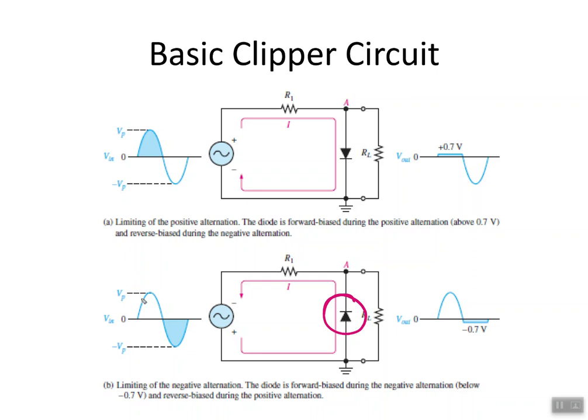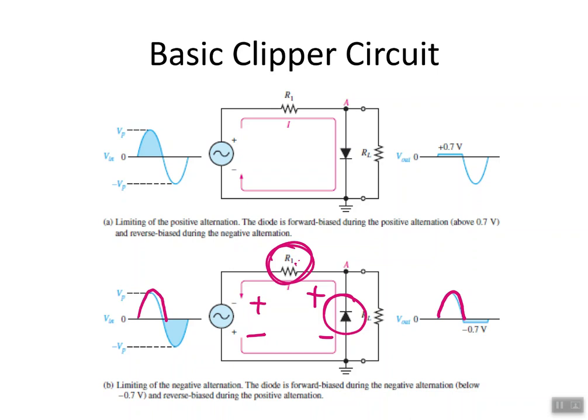And so what happens there is, for the positive cycle, the diode is actually reverse biased, which means the diode is off, so it's acting like an open circuit there, and our output voltage across RL follows the shape of the positive cycle. The amplitude will be different because some voltage will be dropped across that resistor, but right now we're just looking at the shape, not exact values.